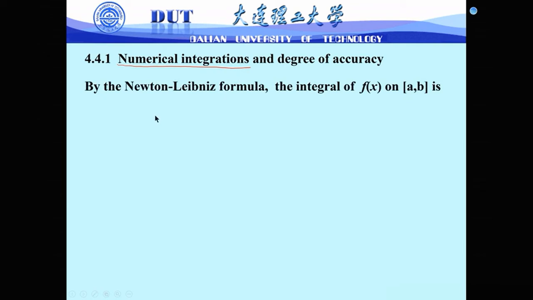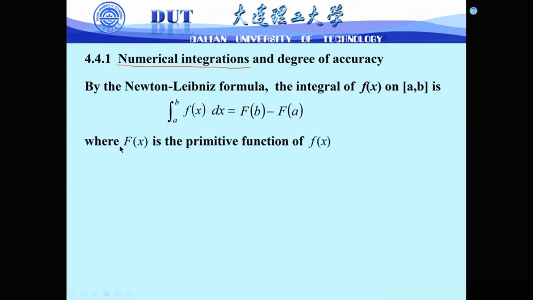In calculus, we have learned the Newton-Leibniz formula, that the integral of a function f(x) on an interval [a, b] can be obtained by F(b) minus F(a), where capital F(x) is a primitive function of f(x).